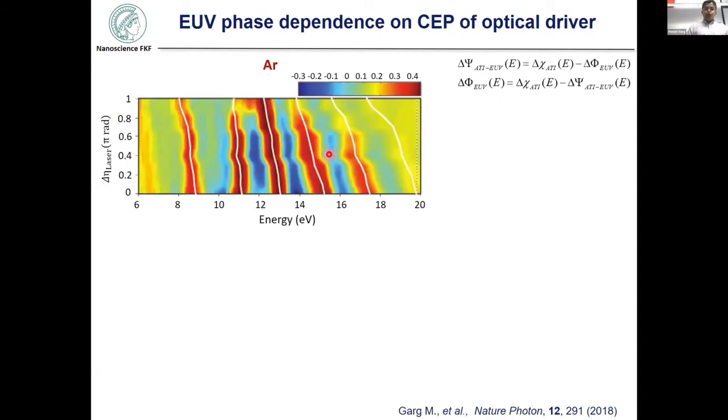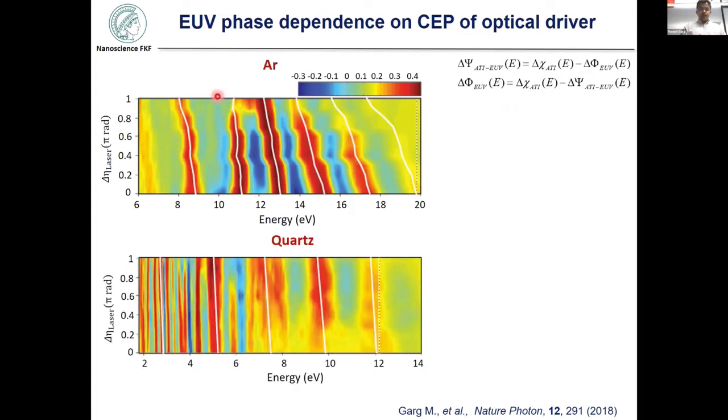Now, one can also do the EUV phase dependence on the CEP of the optical driver, but here, of course, we cannot independently change the phase of the EUV pulse with respect to the ATI electrons, and they both change at the same time. So in order to estimate this phase change of the EUV pulse, we have to subtract the phase that we measure in our experiment with the phase of the pure ATI electrons.